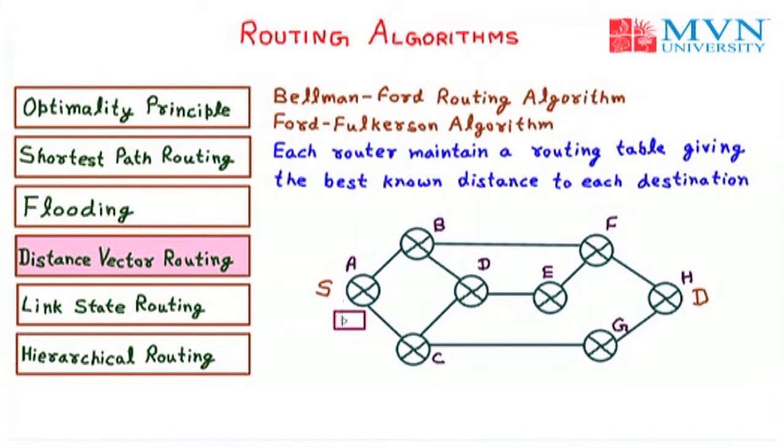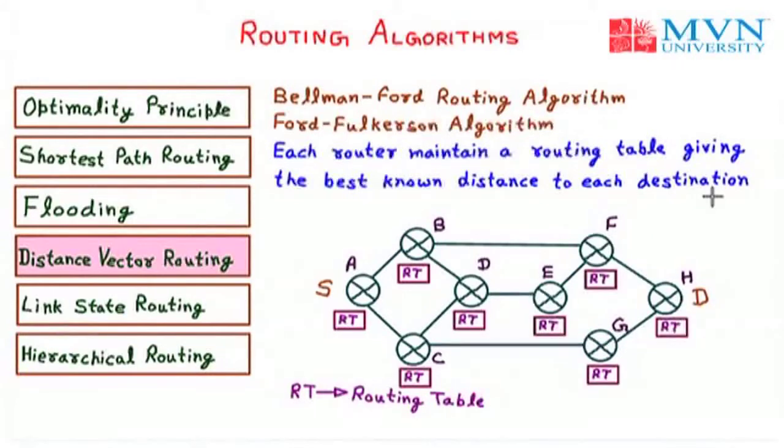A has the routing table, where RT stands for routing table. Similarly, all the routers contain their own routing table: routing table for B, for C, for D, and similarly for E, F, G and H.